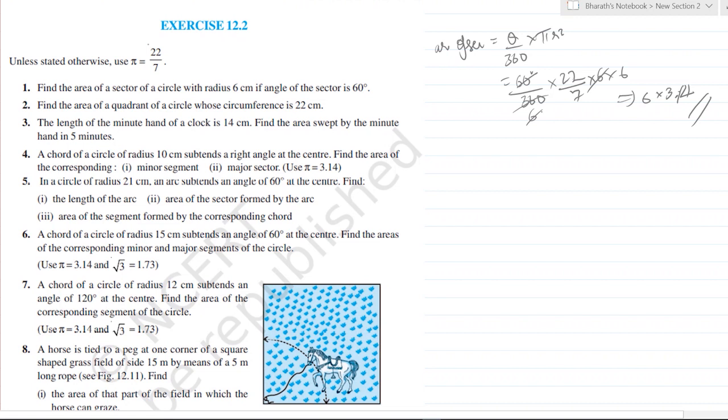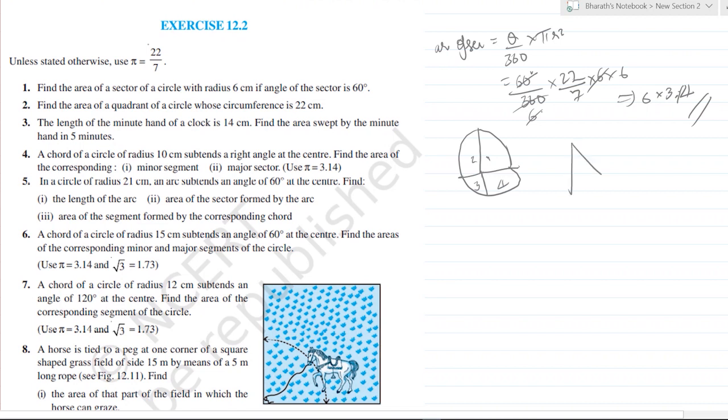Calculate and see. Find the area of the quadrant of a circle whose circumference is 22 centimeter. Area of a quadrant meaning what? There are 4 quadrants in the circle, right? Don't mind my drawing. This is the first quadrant, this is the second quadrant, this is the third quadrant, this is the fourth quadrant.